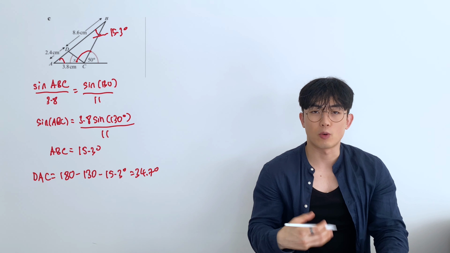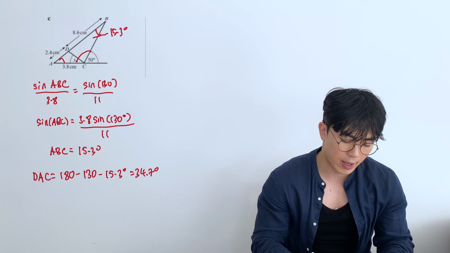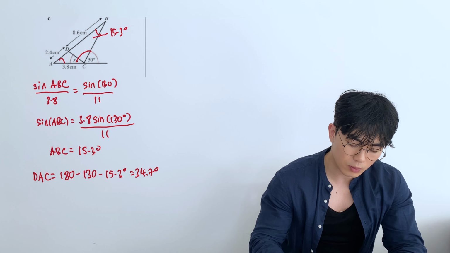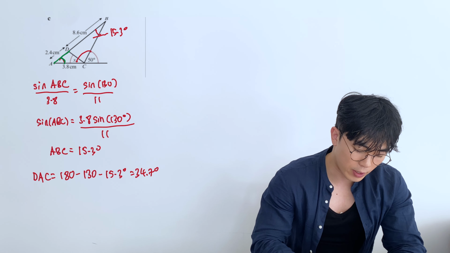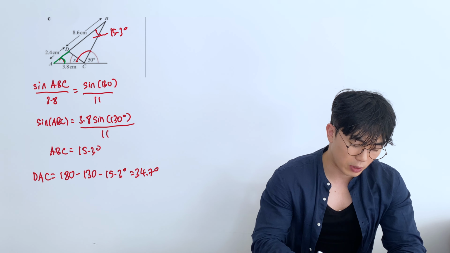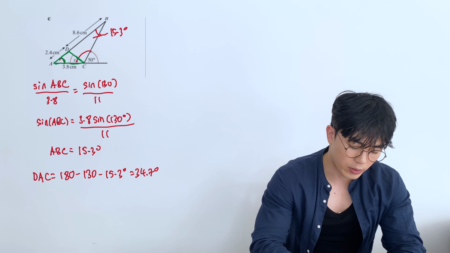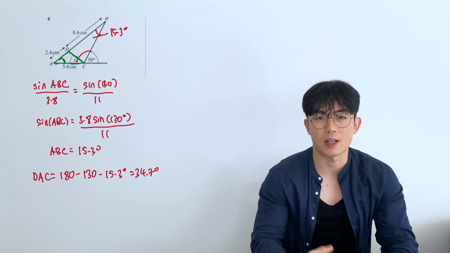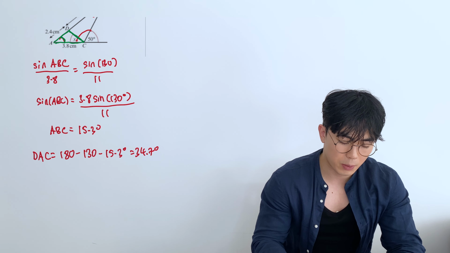So we're finding more angles. Now we're trying to find this x, right? So to find x, what else do we need? Well, we know this length here, and we know this angle here, and we know this length here, so therefore we can actually find the length DC, which could be used later on. So what rule do we use to find DC? Well, it's going to be the cosine rule.